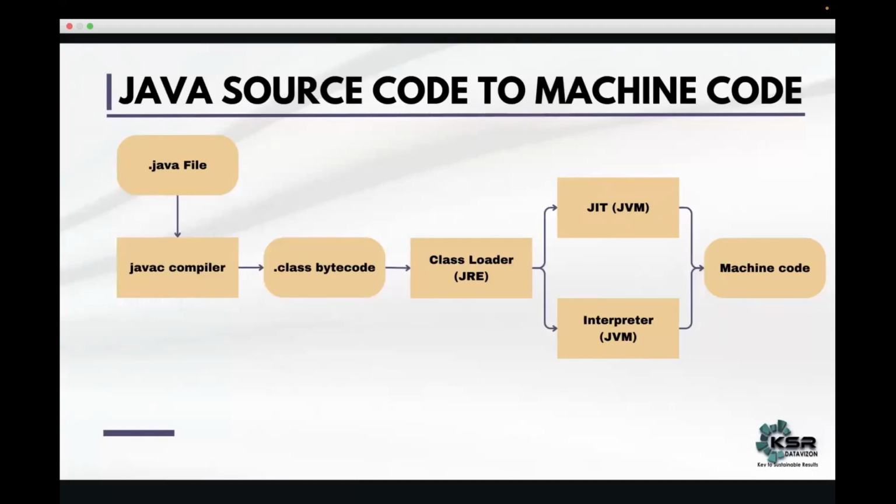Any doubts? I will tell one more thing. This is not the complete set of steps. There are a lot of intermediate steps happening. We will see that in detail once you know a bit about Java, once you have knowledge about classes, objects, all those things, we will see the architecture and how the JVM works.